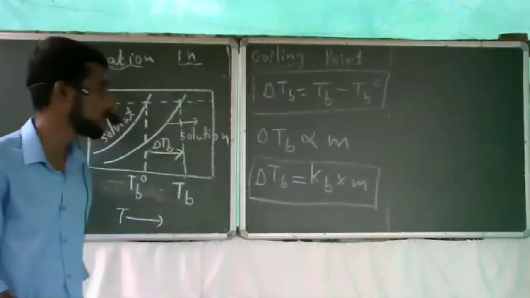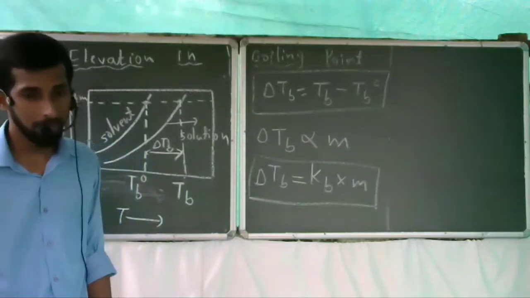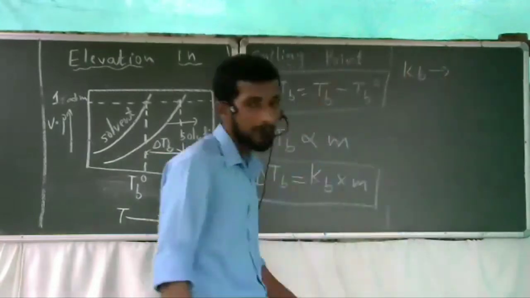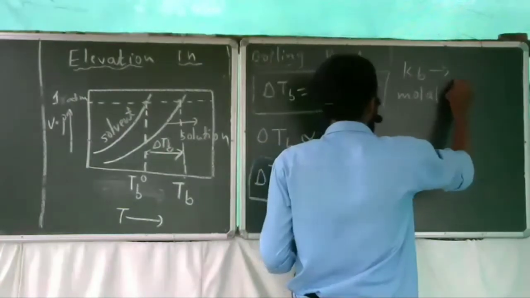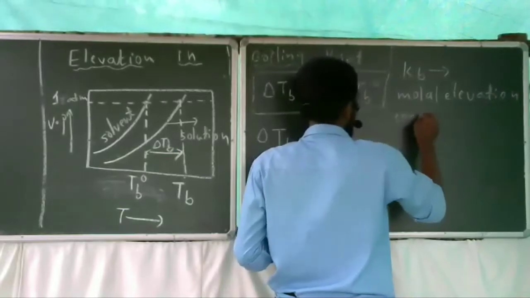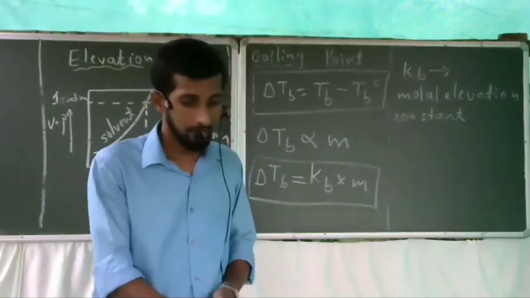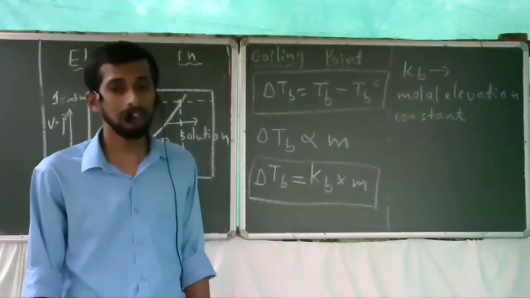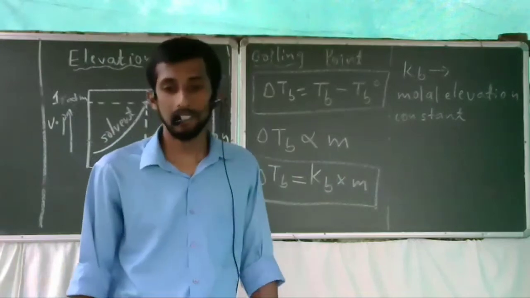Delta TB equal to Kb into m, where Kb is called the molar elevation constant, or the boiling point elevation constant, okay?